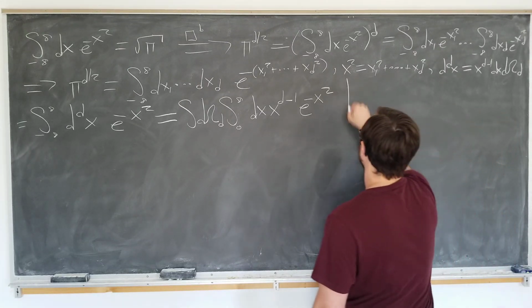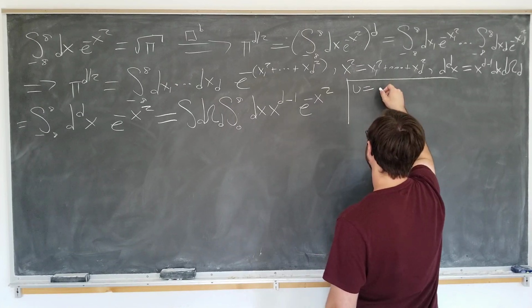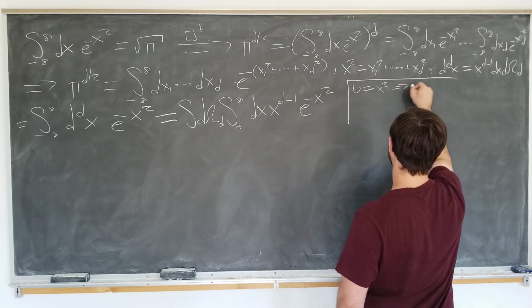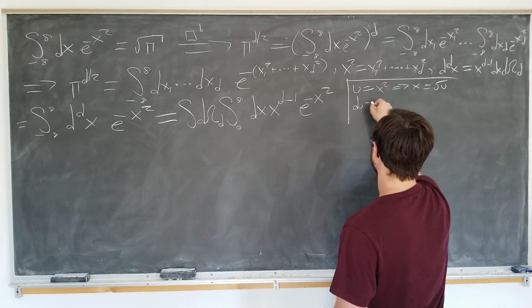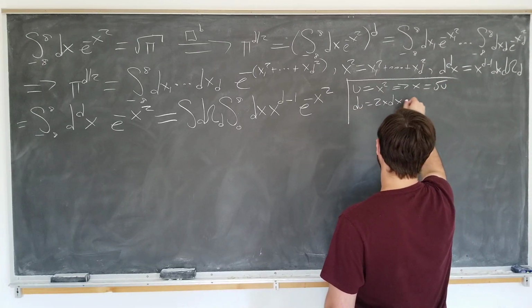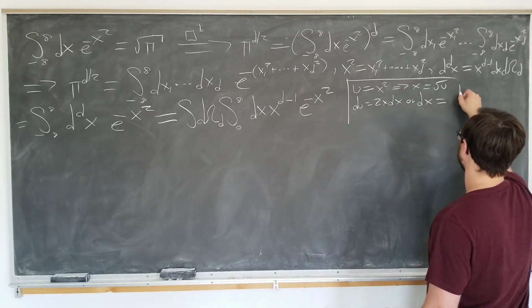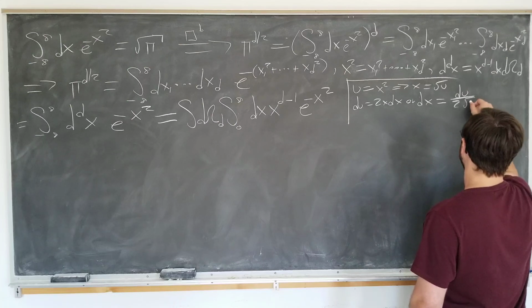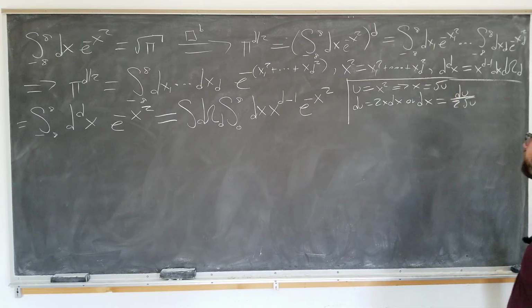We are going to do a u substitution. We're going to let u be x squared, which tells us that x is equal to the square root of u. And we have that du is equal to 2x dx, or dx is equal to du over 2 square roots of u. Just solving for dx here and substituting this relation.